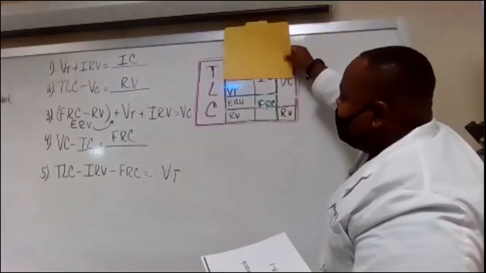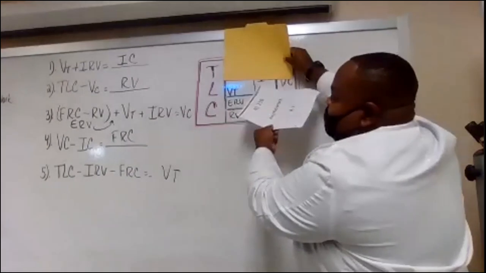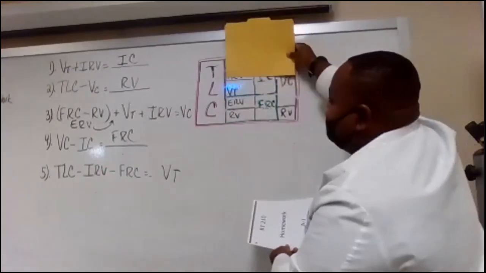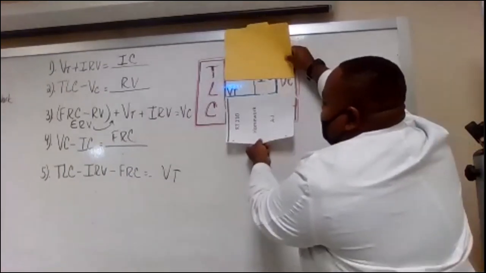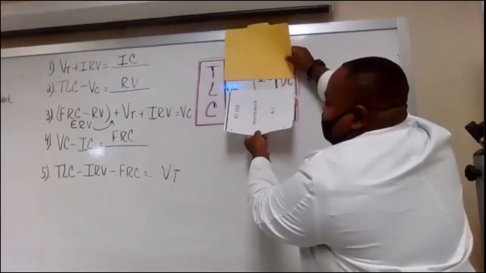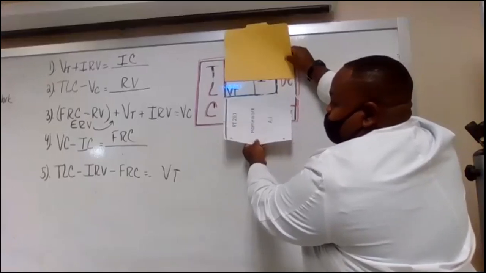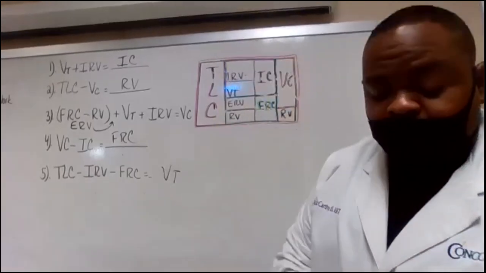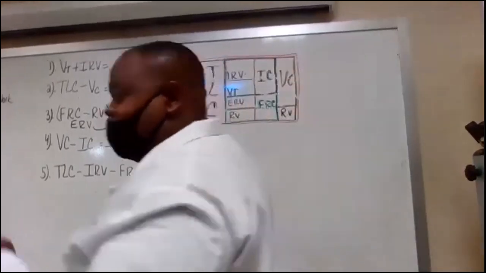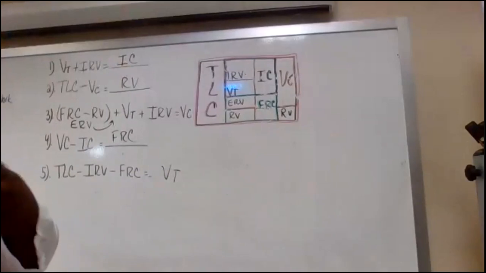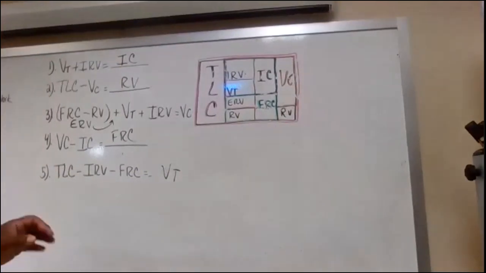So if you take that out, all you have left of IC is tidal volume. If you take IC out and take FRC out, the only thing you have left is tidal volume. That's why you guys have to know how to do this. You've got to be able to take it away, add it, and that's how you can see it better.